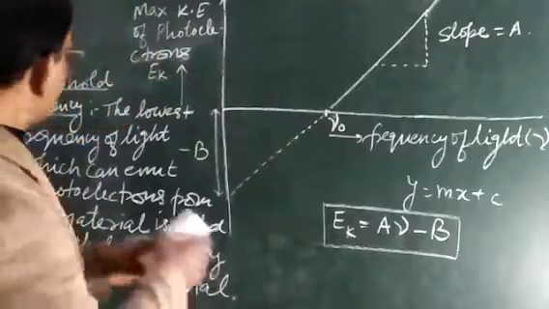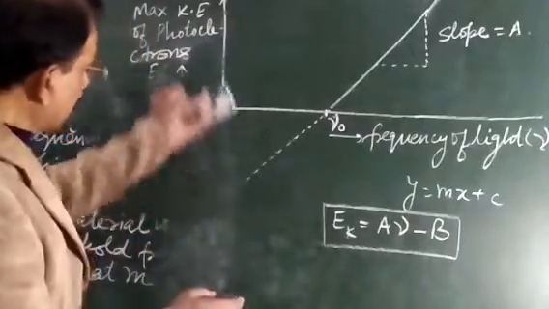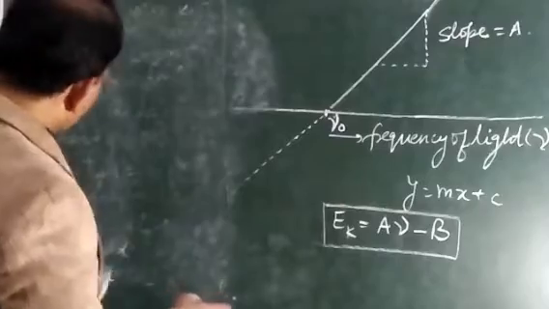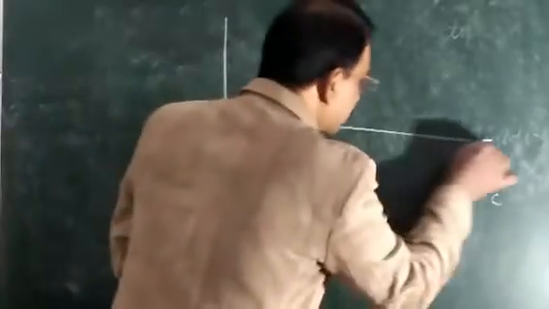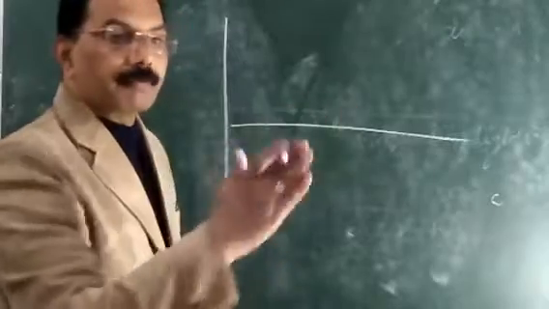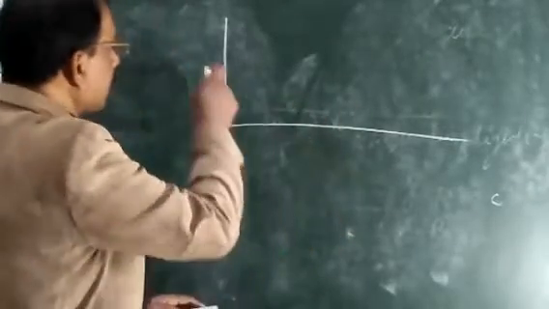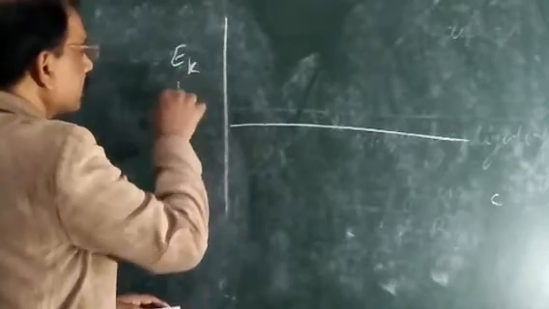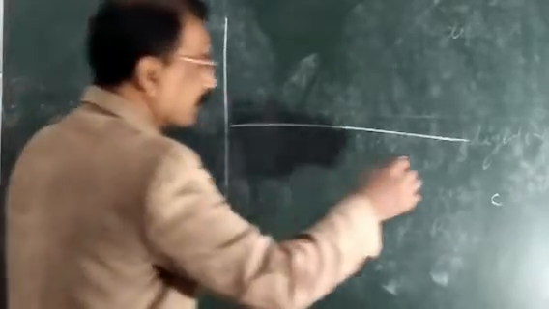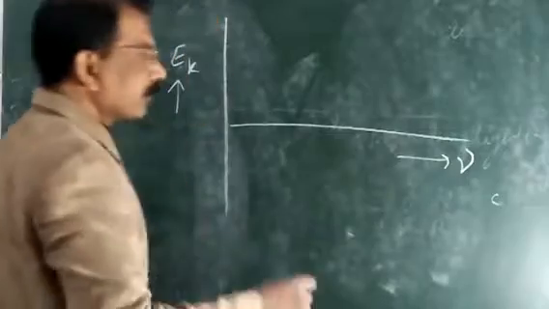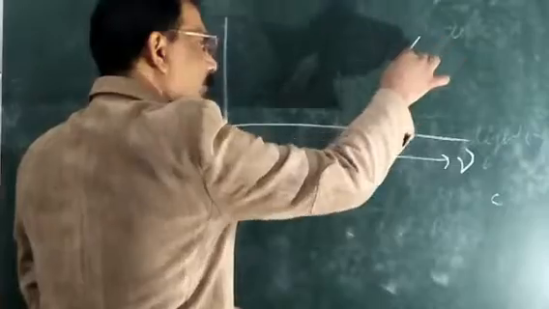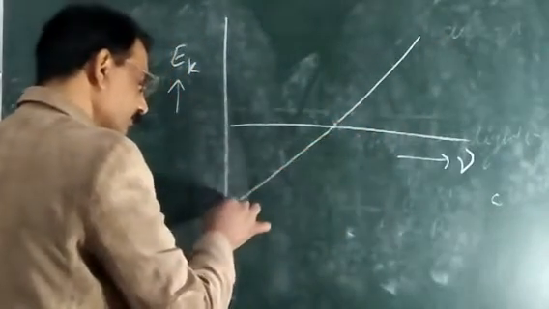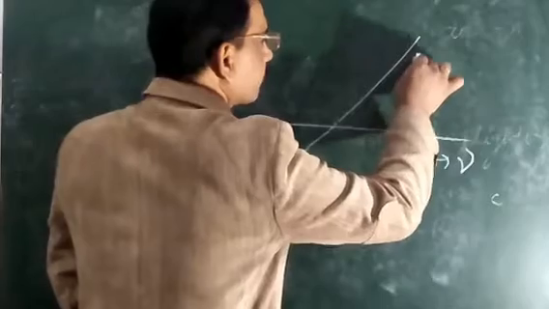The same experiment is performed by taking the plate P1, which I have already given in the diagram. If the same experiment is performed by taking a different material for plate P1, and again a graph between the maximum kinetic energy of the photoelectron and nu is drawn, then for the different metal of plate P1 the graph comes like this.